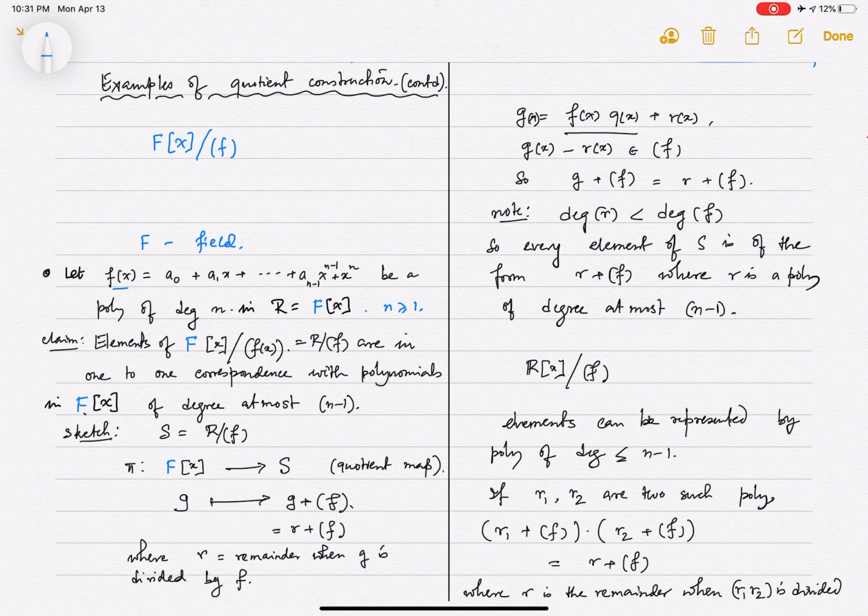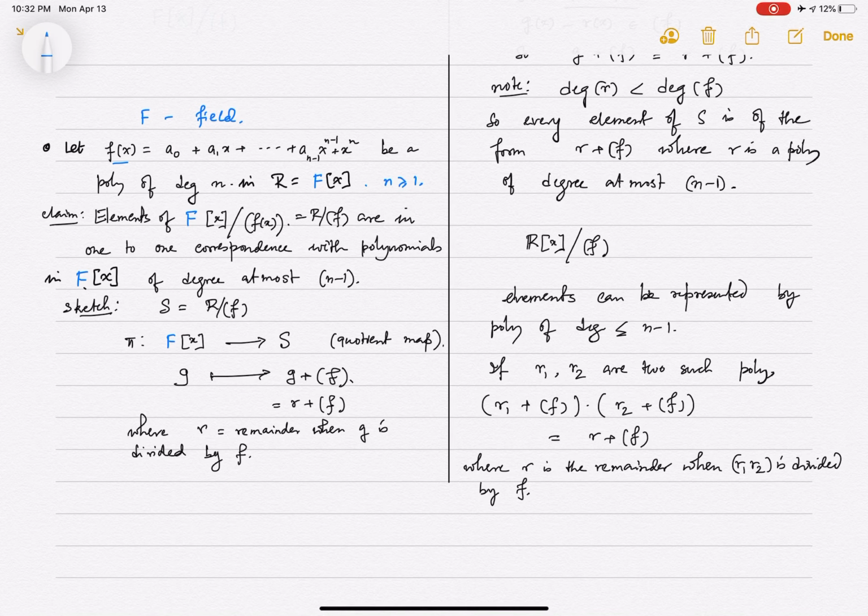The claim is that the elements of this quotient ring, F[x] mod the ideal generated by f, are in one-to-one correspondence with polynomials of degree at most n minus 1, where n is the degree of the thing that you're quotienting by. And there's a more precise statement I can make. Let me make some space here.